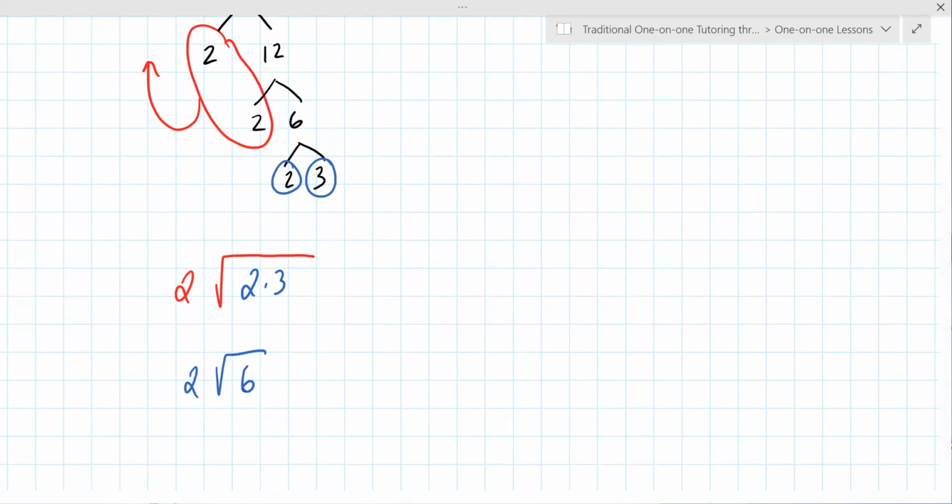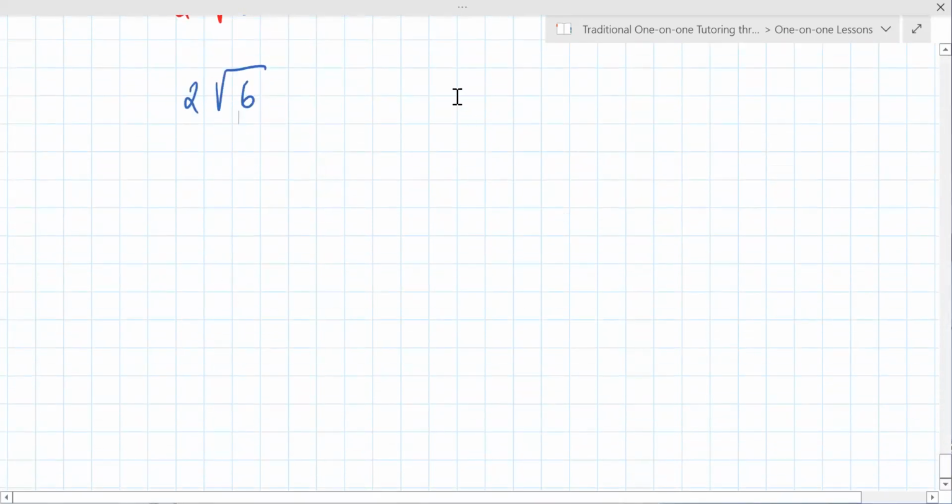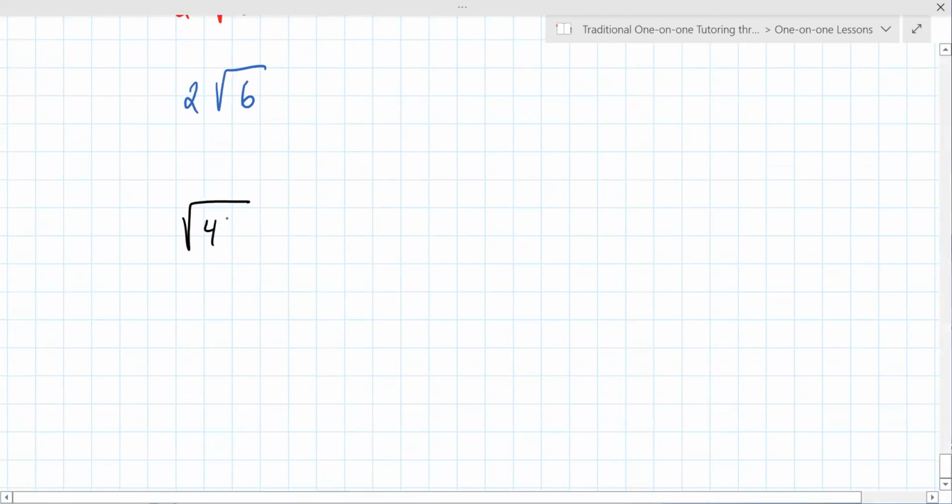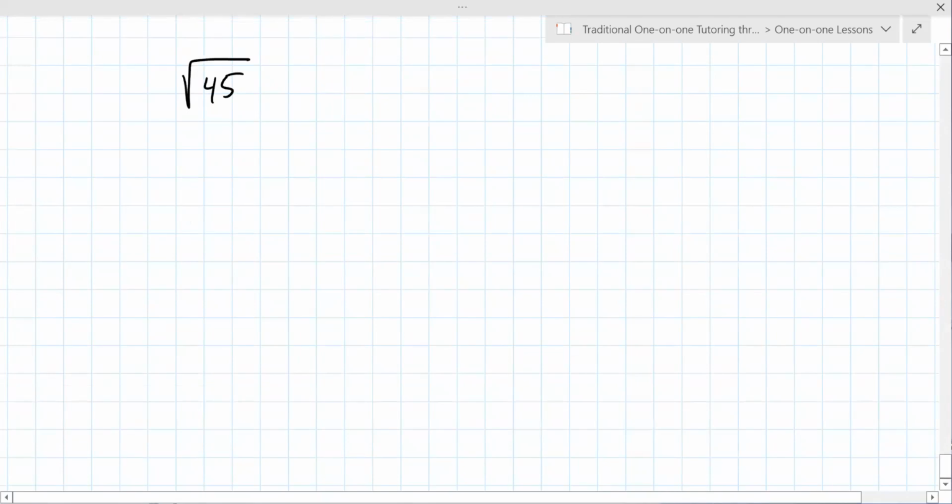Okay. Let's try another one. This is an important skill. It's worthwhile for our time here. Let's try the square root of 45. Okay. Now, most of them have worked with 2, but this one does not. Now I know it's tempting to go to 5, but you really want to do them in ascending order.